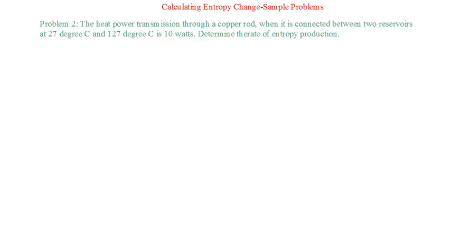So the second problem says the heat power transmission through a copper rod. Suppose some copper rod is used to transfer power, meaning energy in the form of heat, when it is connected between two reservoirs.